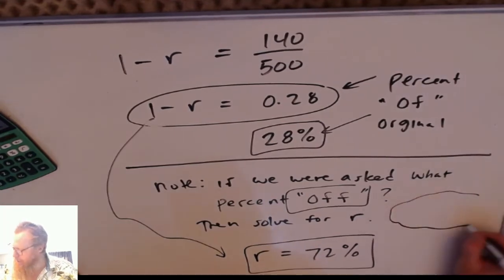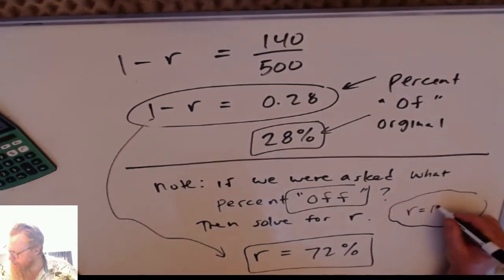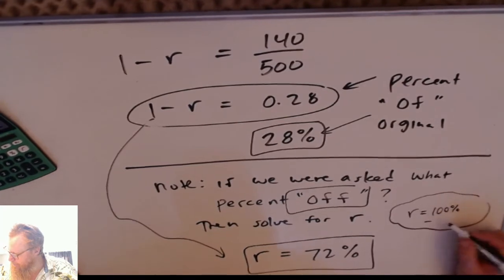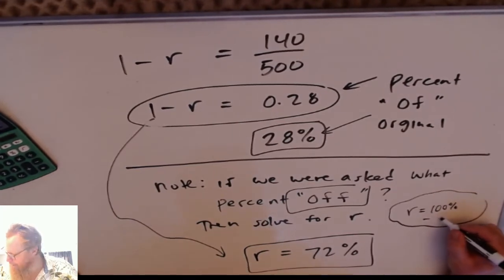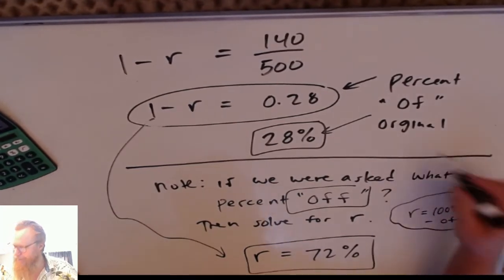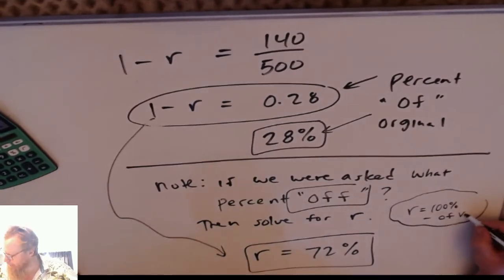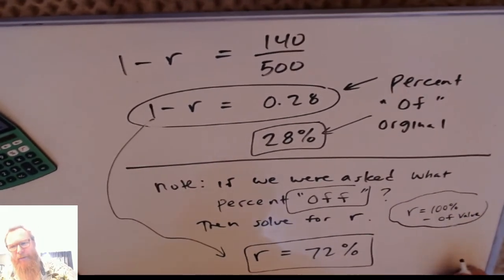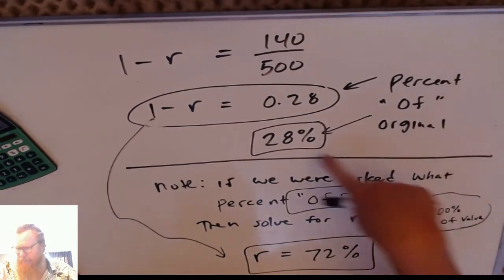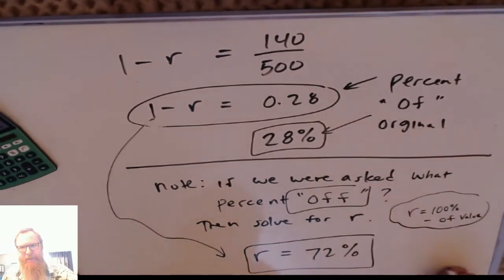So I just do mental math. R is always 100% minus the of value. So 100% minus 28% automatically gives you R.